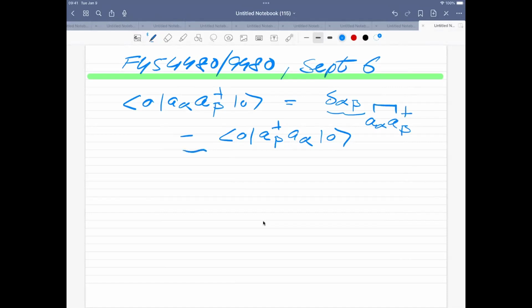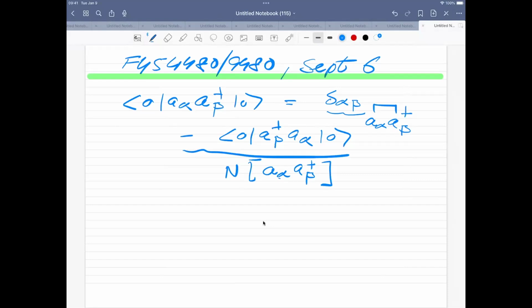And this term here is something which we rewrite as the normal order product of the operators A alpha, A beta. So the minus sign comes from our usage of the anti-commutation rules, but we write this in a more compact form as a normal product plus a specific contraction.